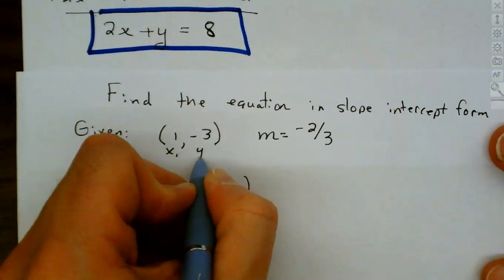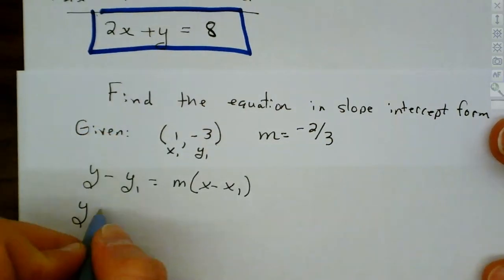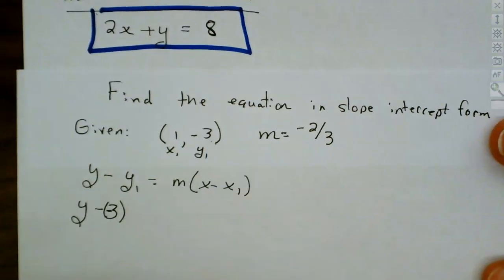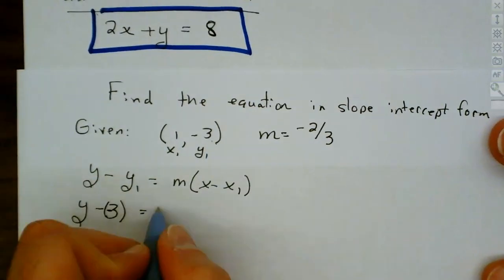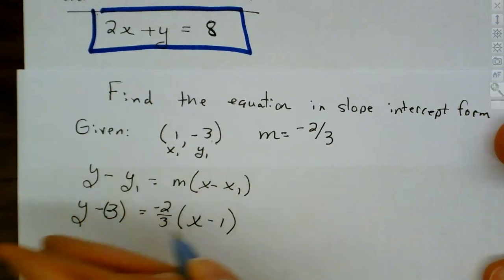This is your x1, and this is your y1. We're going to fill it in, and that's going to give you y minus a minus 3. Watch out for the double negative there, because that's a double negative again. And that equals minus 2/3 times x minus 1.